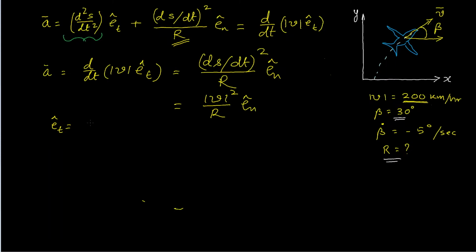Et is cosine of the angle beta in the i direction plus sine of beta in the j direction. And similarly, en will be sine of beta in the i direction minus cosine of beta in the j direction.